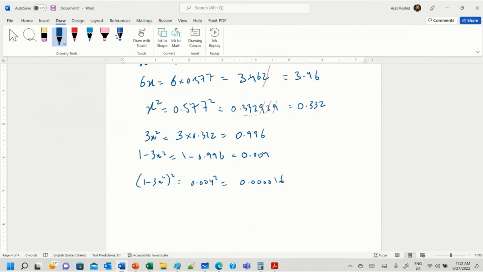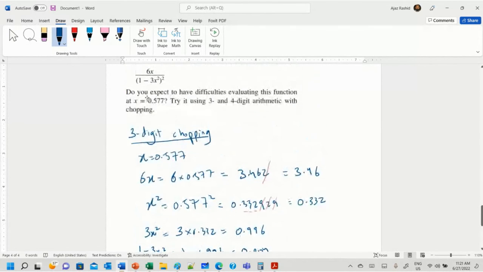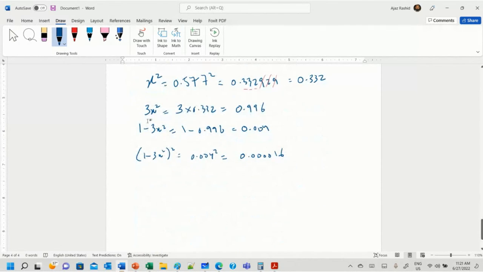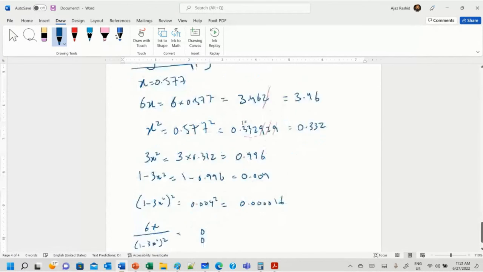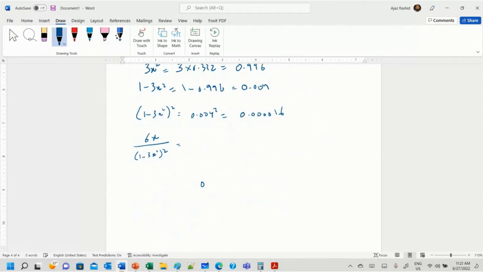Those are not significant figures, so I don't cut them off. I'm going to cut off only after significant figures. Already we have only 2 significant figures here, not even 3, so I'm not chopping off anything here. And then I have 6x divided by all this value, so 6x is 3.46.